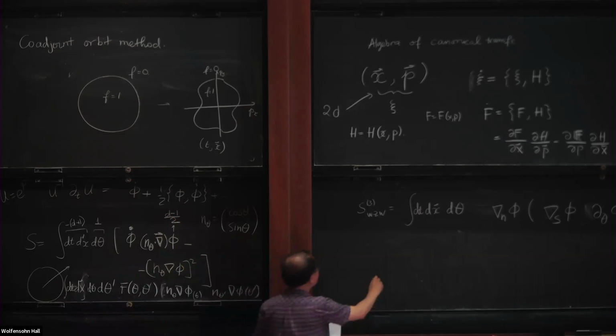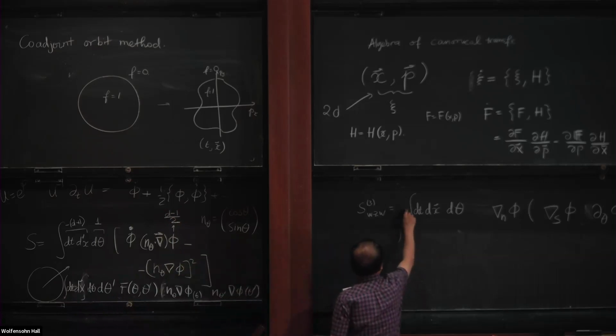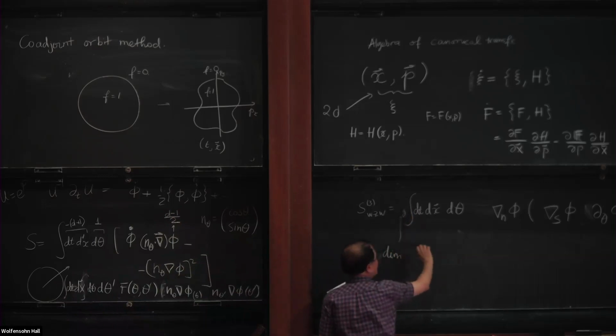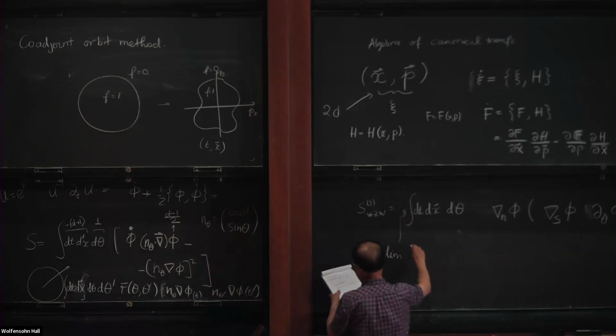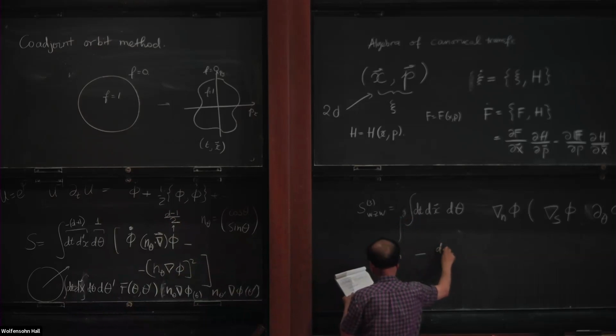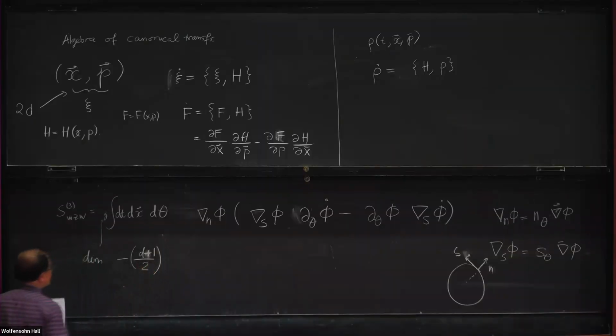You can check the dimension of the coupling constant in front: it is minus d plus 1 over 2. This is a highly irrelevant operator. That's how one can explain that Fermi liquid theory is an effective theory, in the sense that only the quadratic term is important.